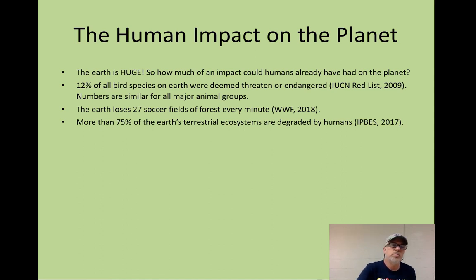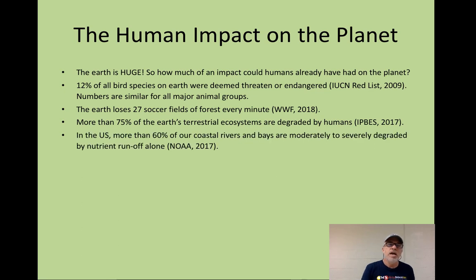Wow. Amazing. In the U.S., more than 60% of our coastal rivers and bays are moderately to severely degraded by nutrient runoff, not by development, not by other forms of pollution, not by overfishing, by nutrient runoff alone.